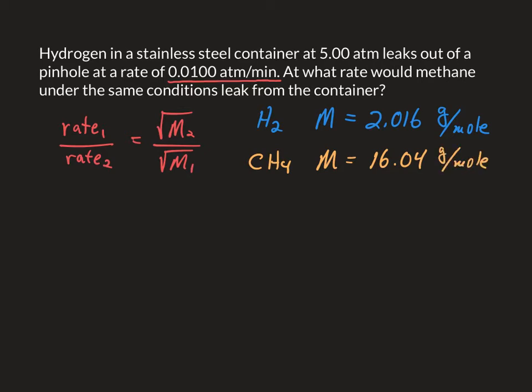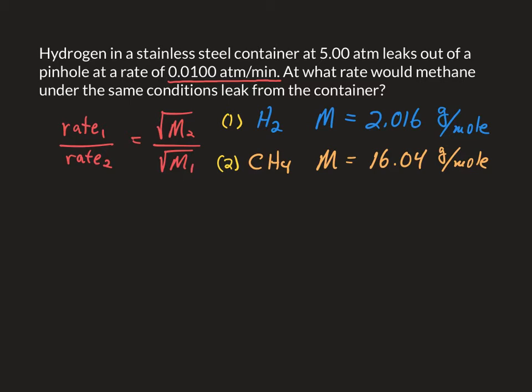And the other flexible thing is it doesn't matter which we pick as participant 1 and which one we do as 2. As I've worked this problem, I arbitrarily chose hydrogen as 1 and methane as 2. But again, it wouldn't matter.